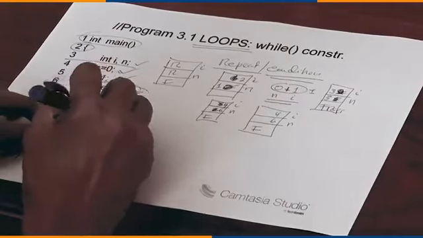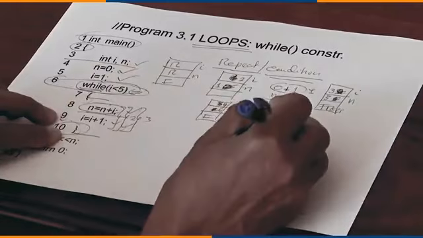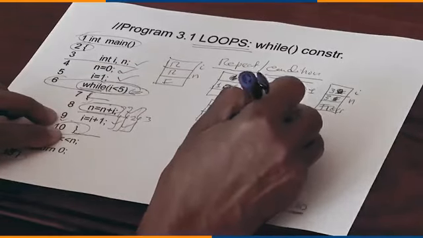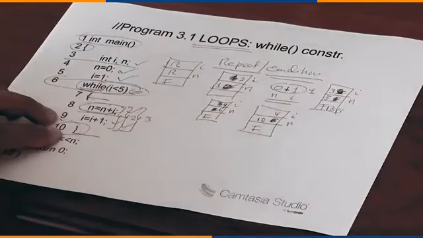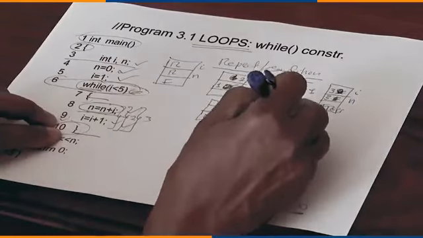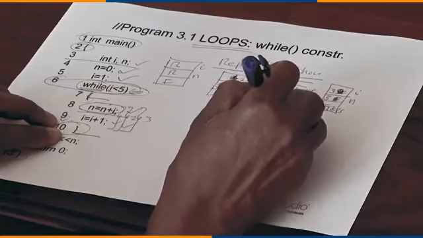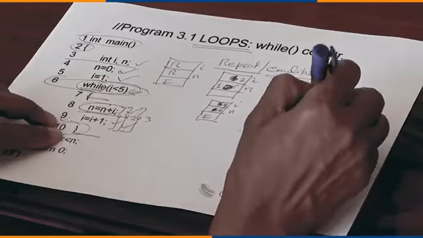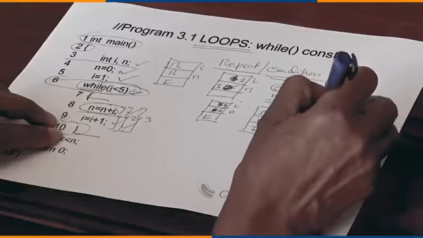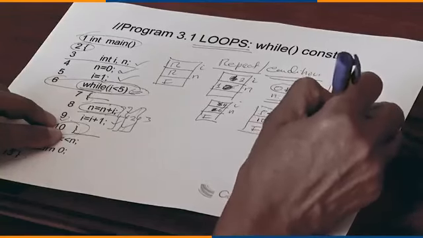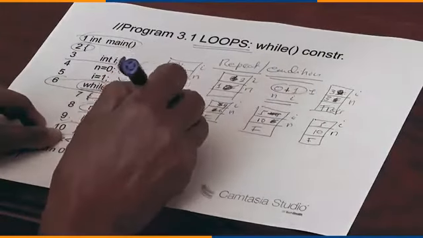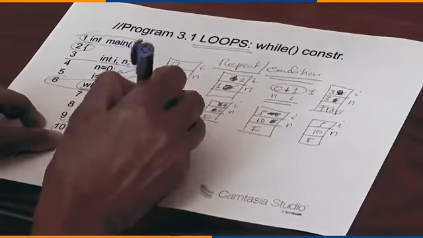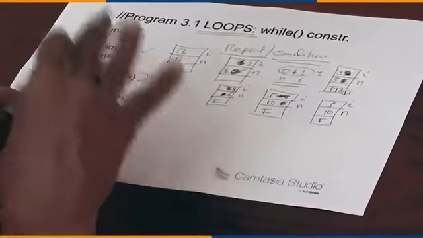N equals n plus I. 6 plus 4, and the value, that is 10, will be written in n. Then line number 9 will be executed. I equals I plus 1. That is 4 plus 1, 5. And that will be the scenario whereby we now have 5 in I and 10 in n, while this is free. That will be the end of the execution of the loop, which is repeated for the third time.